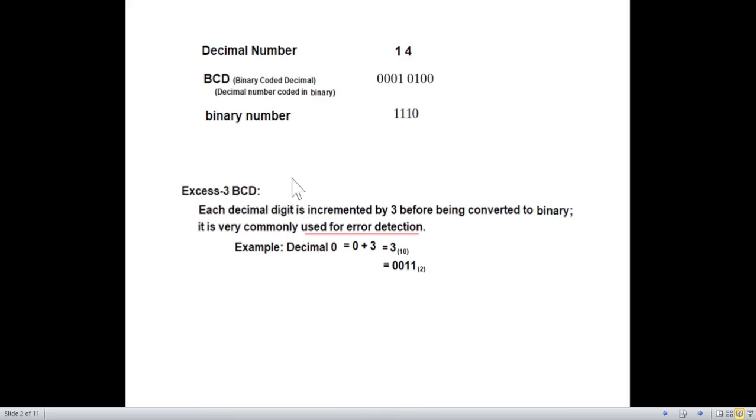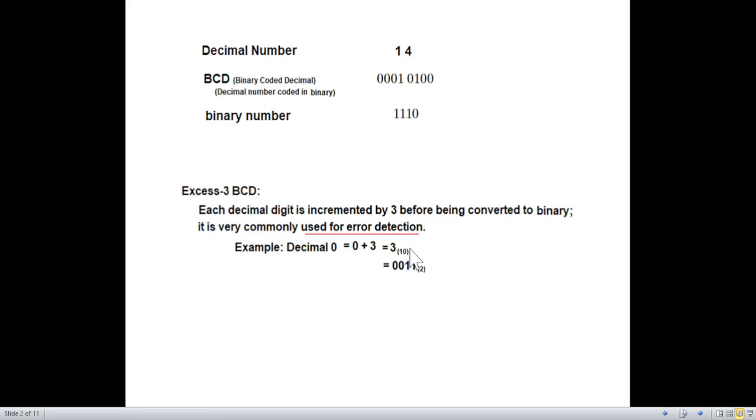But what is important in this explanation is the Excess-3 BCD code. Now, what is Excess-3 BCD code? Each decimal digit, like if it is 0, is incremented by 3. We add 3, so it becomes 3 in the decimal system before being converted to binary.